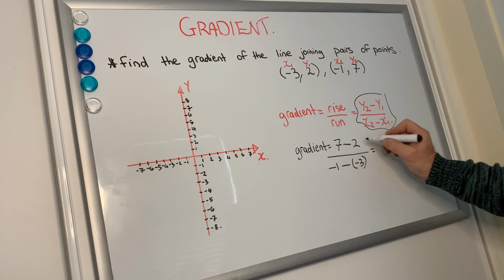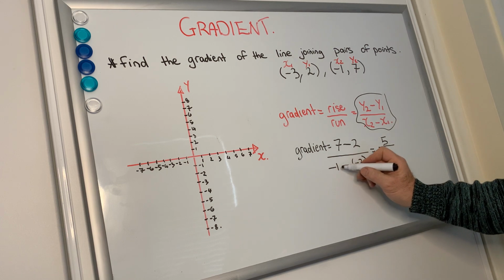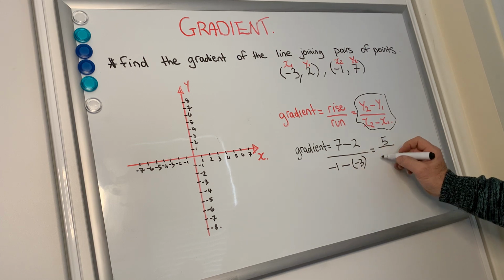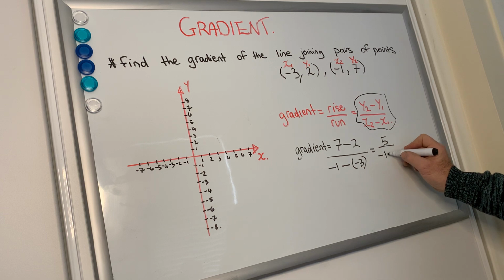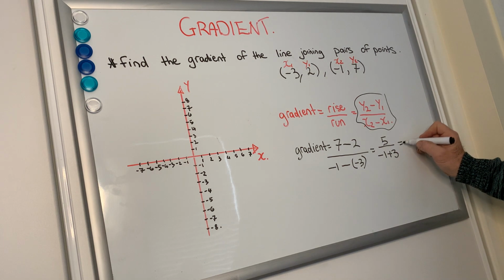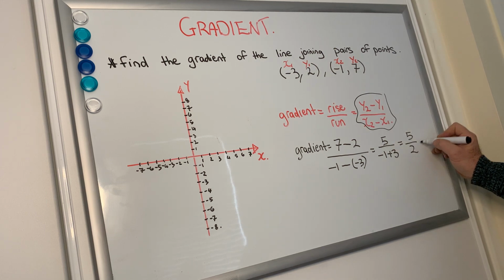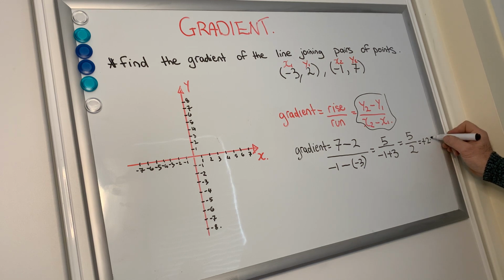So that's equal to 7 minus 2 is 5. Minus 1 minus 3 is the same as saying minus 1 plus 3, which is 2, which is equal to positive 2.5, whichever you want to call it.